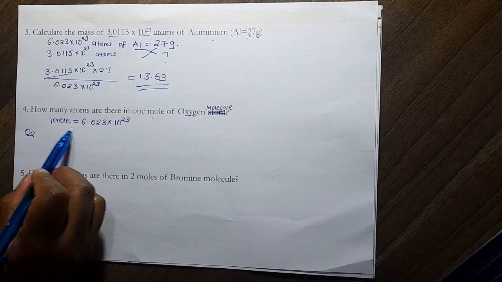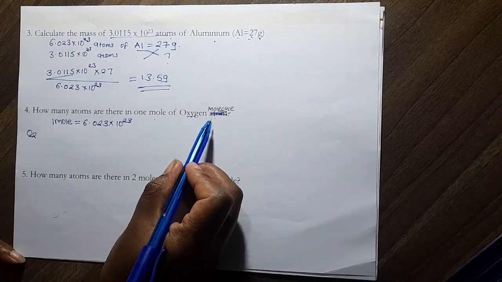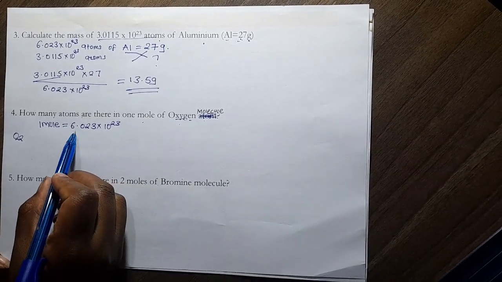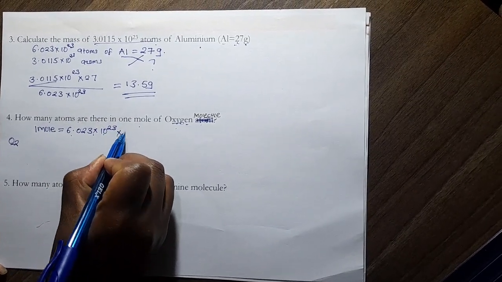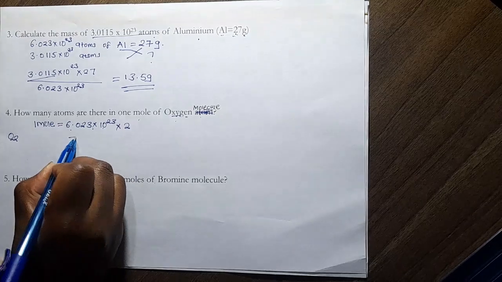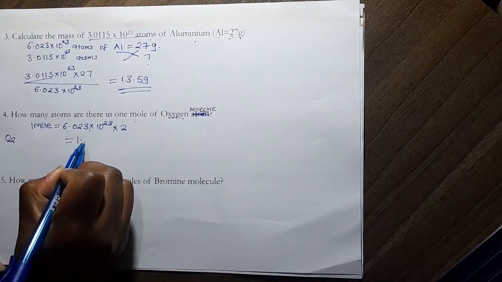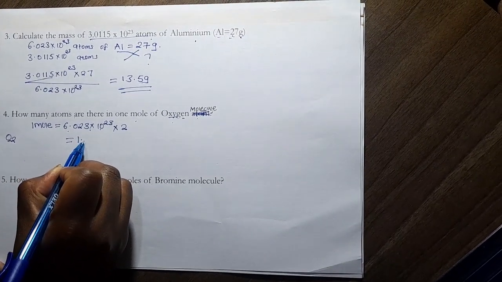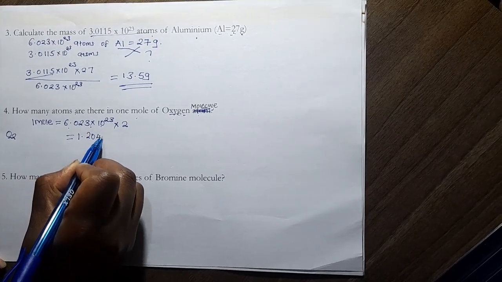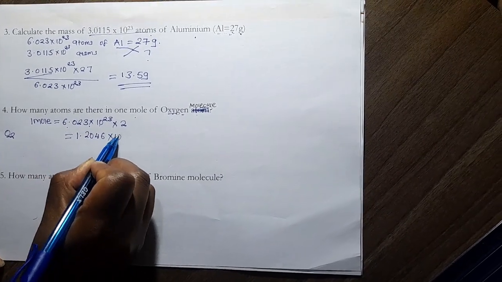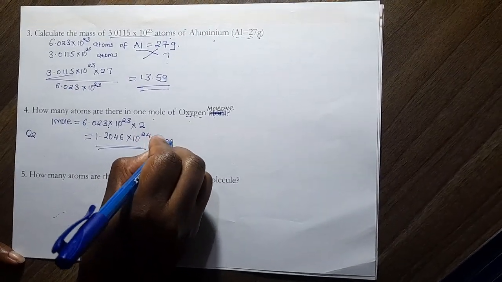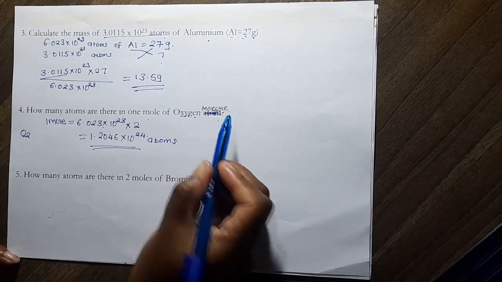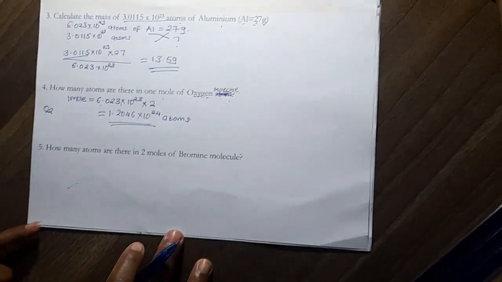So to get the number of atoms in oxygen molecule, we multiply 6.023 times 10 raised to the power 23 multiplied by 2. So this is giving us 1.2046 times 10 raised to the power 24. So those are the number of atoms in 1 mole of oxygen molecule.